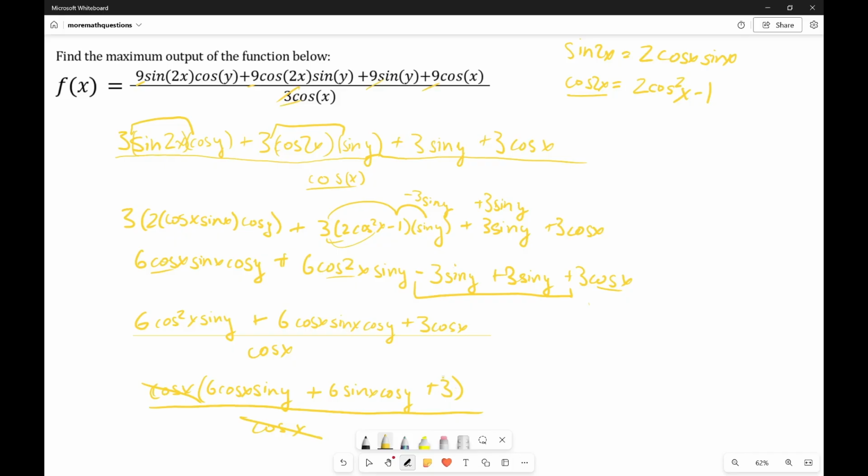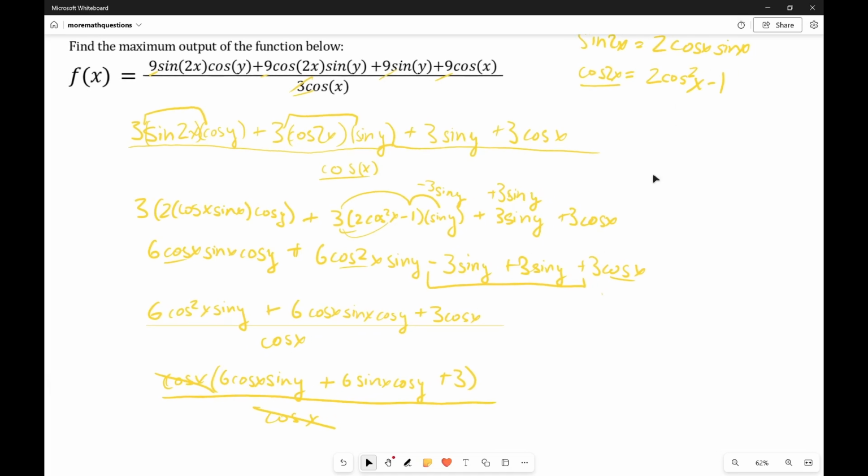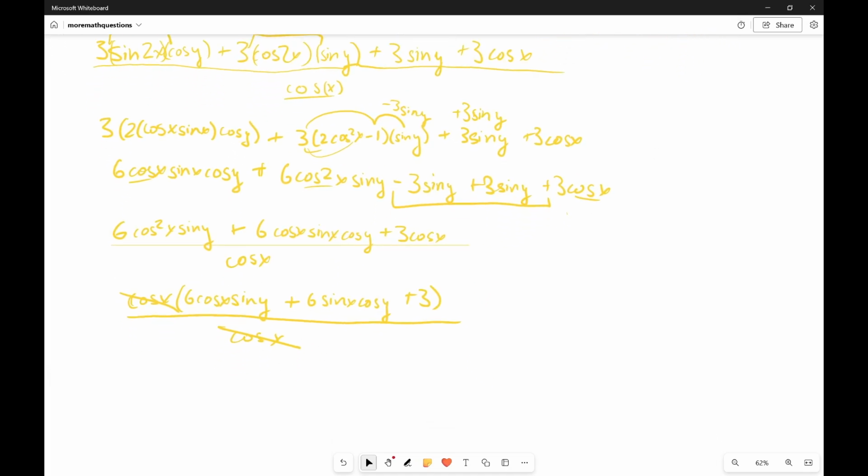Now what we are left with is this thing on top, which will give us 6 cosine x sine y plus 6 sine x cosine y plus 3.